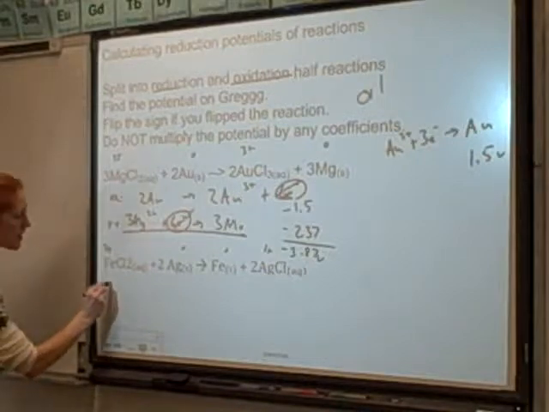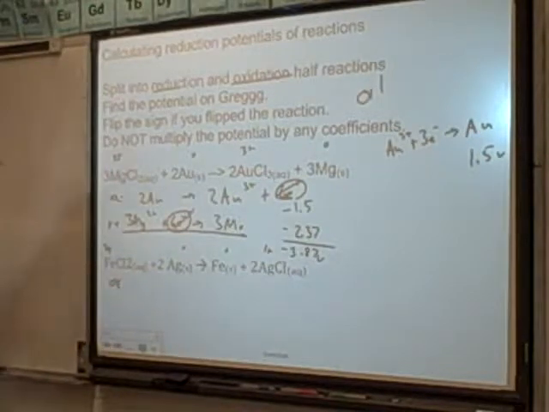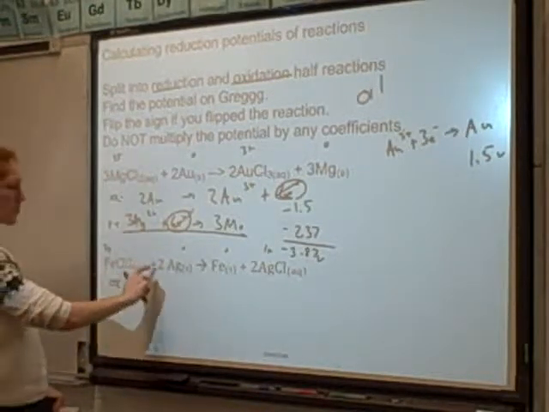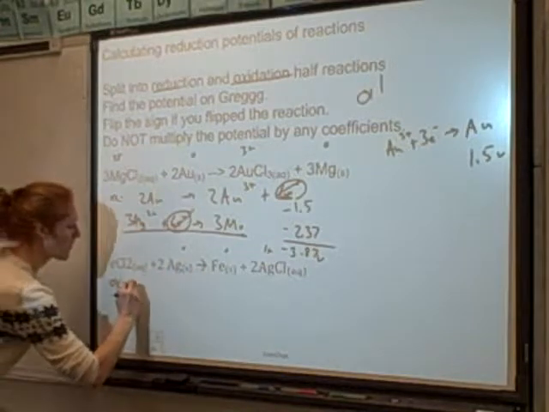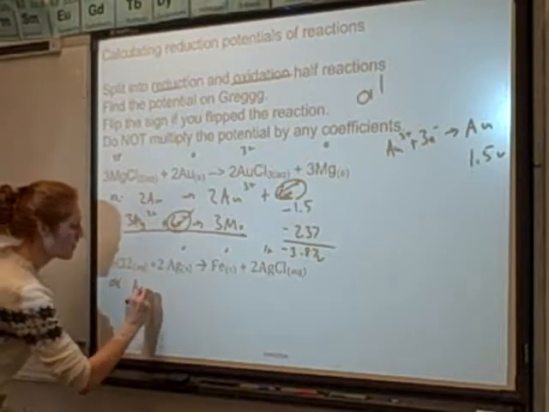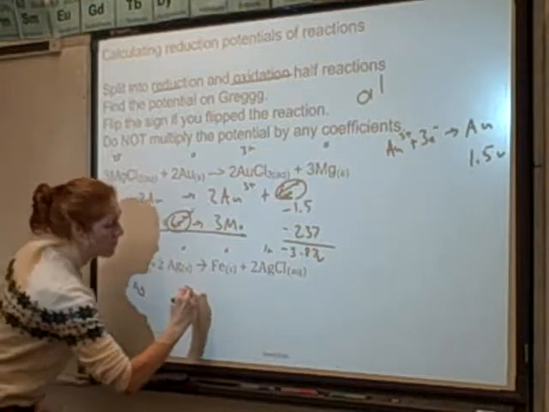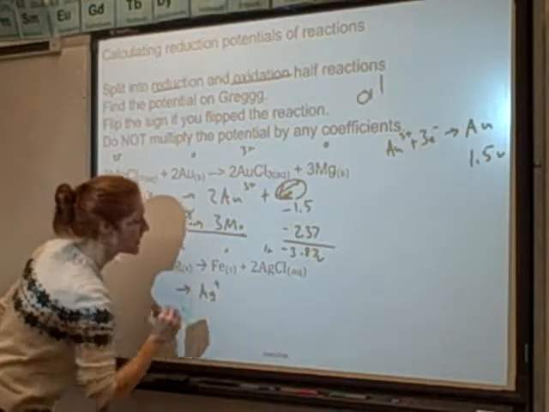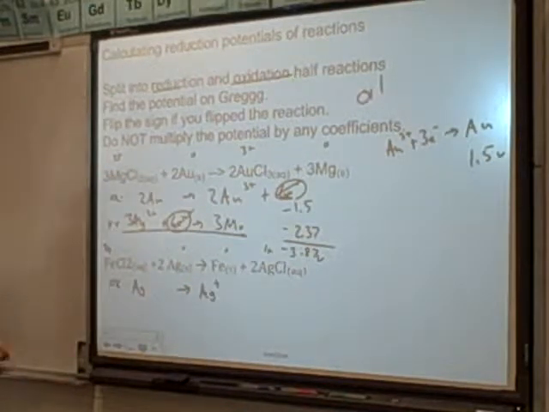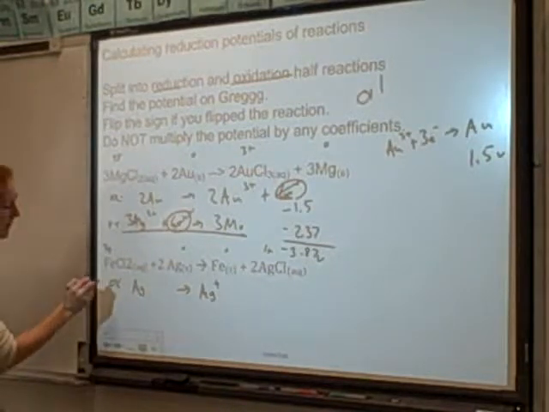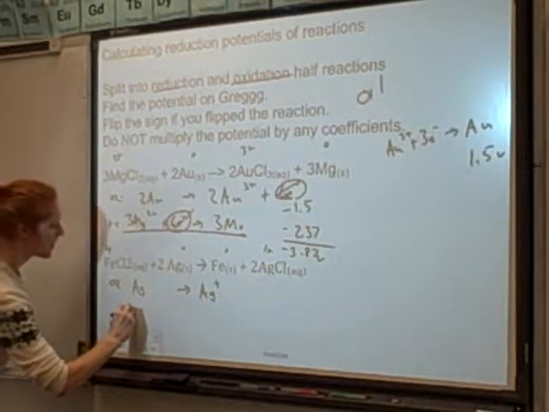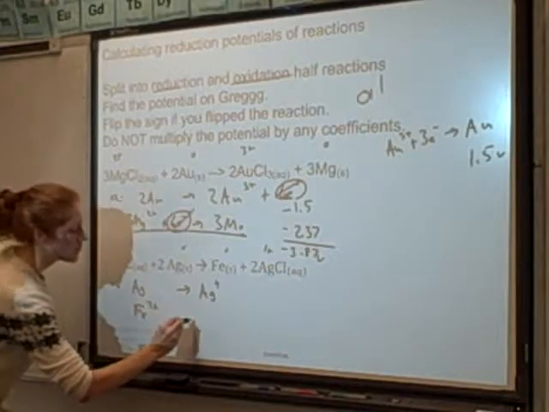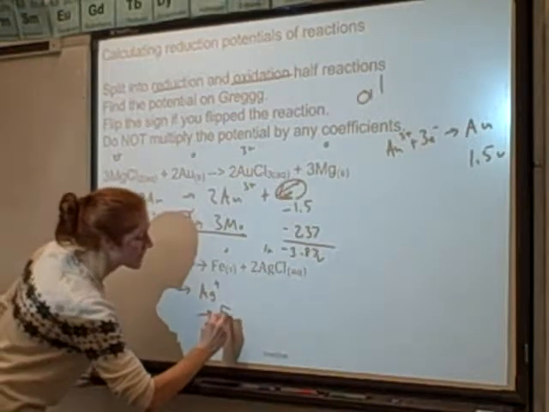Okay, the thing being oxidized, oxidation is a loss of electrons. It's becoming more positive. Silver. So Ag becomes Ag plus. And then meanwhile, I have iron. So I've got Fe2+ becomes Fe as a solid.